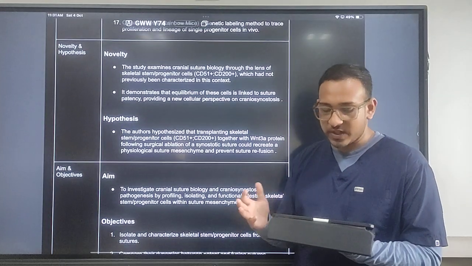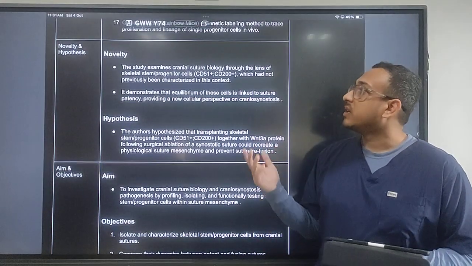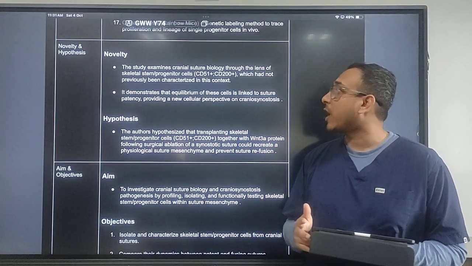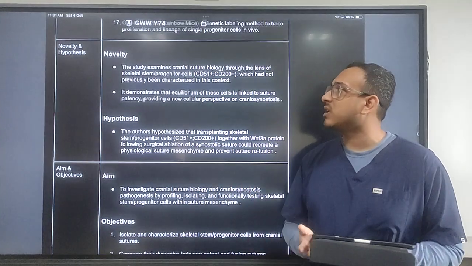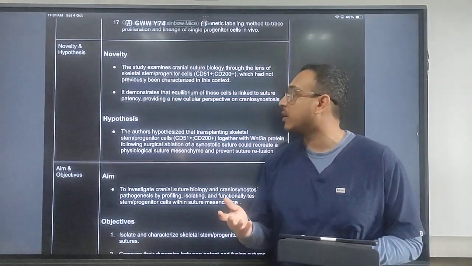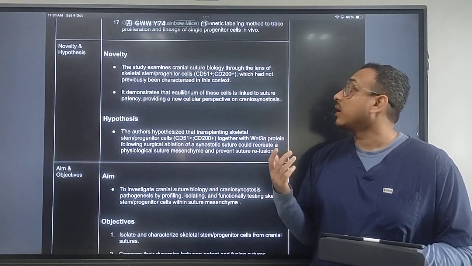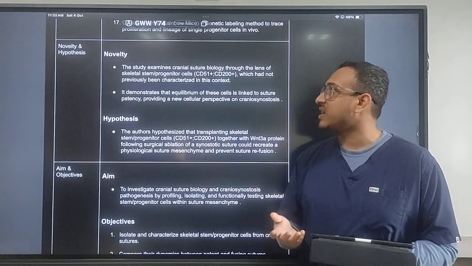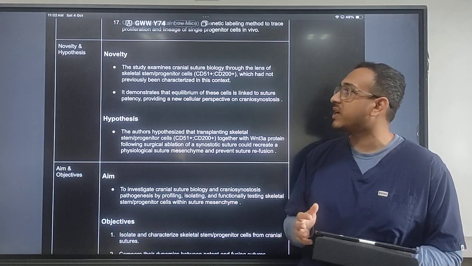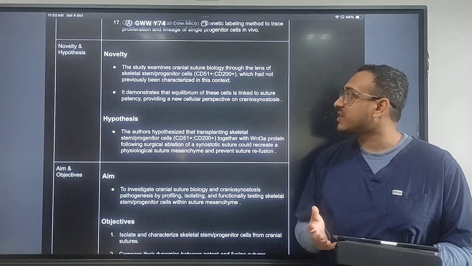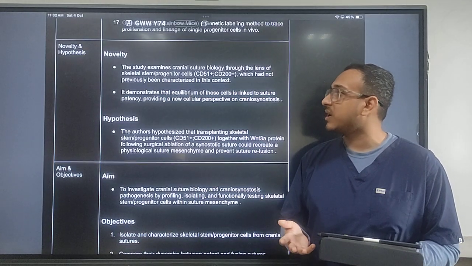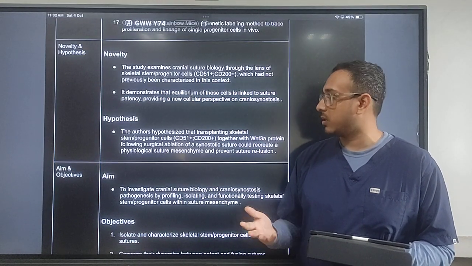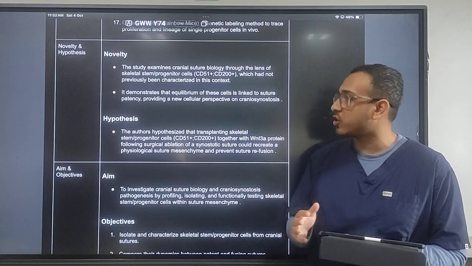So the novelty of this study is that it examines cranial suture biology through the lens of skeletal stem and progenitor cells, which had not previously been categorized in this context. It demonstrates that the equilibrium of these cells is linked to suture patency and provides a new cellular perspective on craniosynostosis.